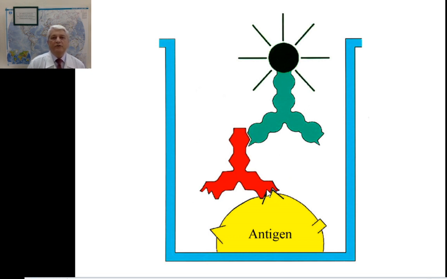If they have monoclonal antibodies, these monoclonal antibodies will react with our antigen. Then we must understand that in our test tube we have this interaction.